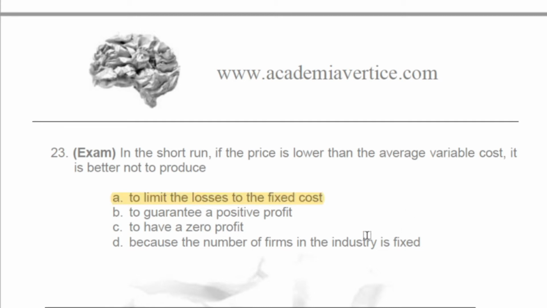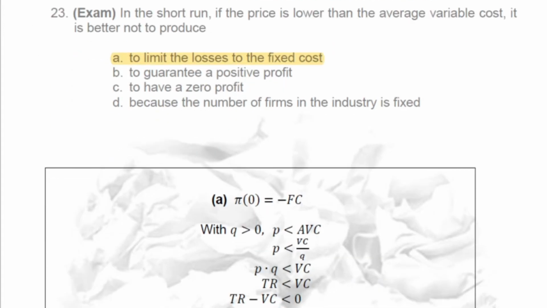To guarantee a positive profit, that's stupid. To have a zero profit, no, be careful, be careful. Because the number of firms in the industry is fixed, well, that's not a reason for producing or not producing. That's such a situation, okay.